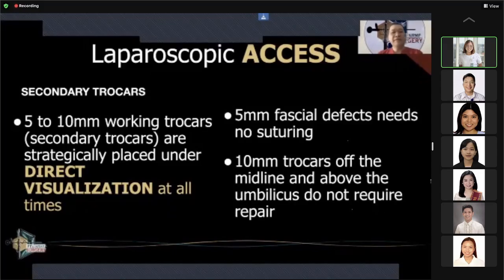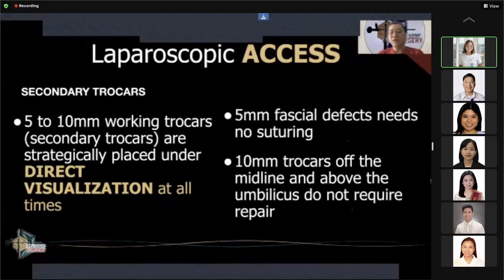They make different types of defects, 5 millimeter or 10 millimeter fascial defects. Usually a 5 millimeter fascial defect after the procedure, you don't need to close. They will close eventually. 10 millimeter trocars off the midline and above the umbilicus do not require repair as well.